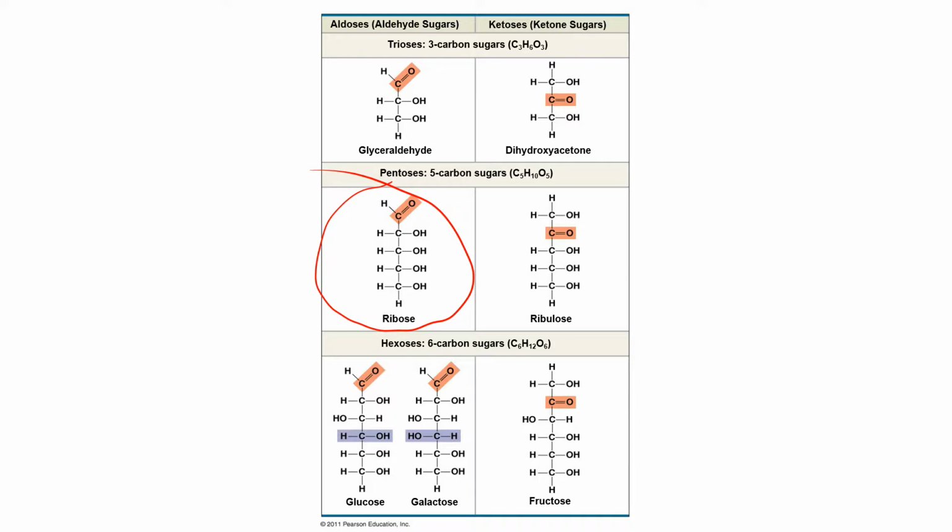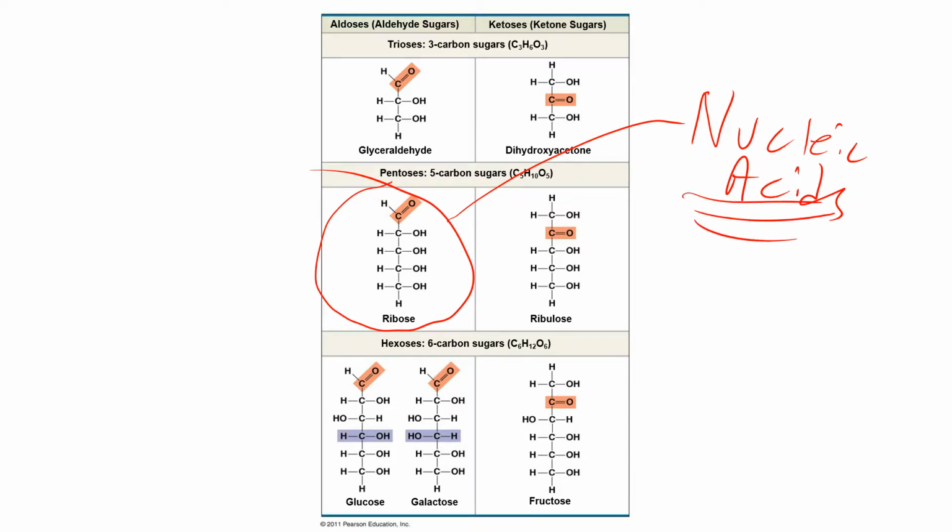Ribose is interesting because it is a pentose sugar that is a component of your nucleic acids, which we'll get to when we talk about nucleic acids.